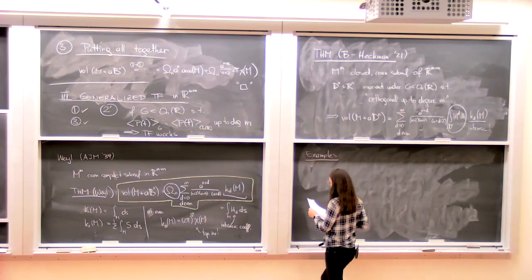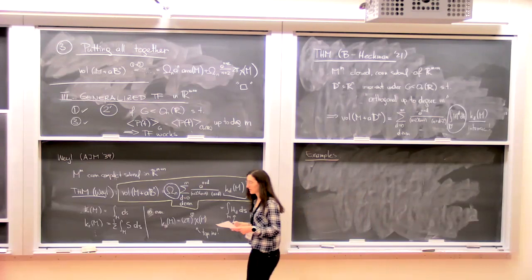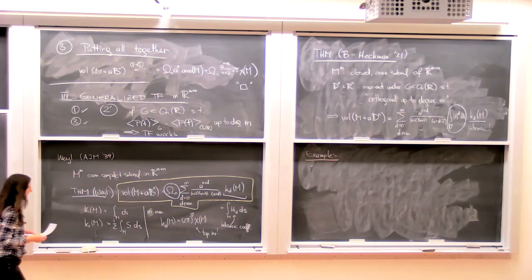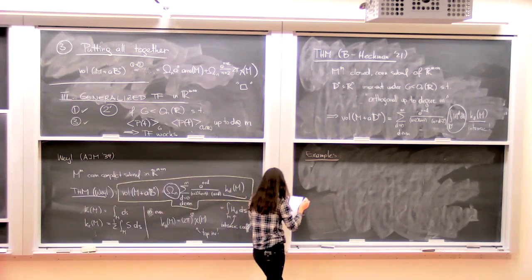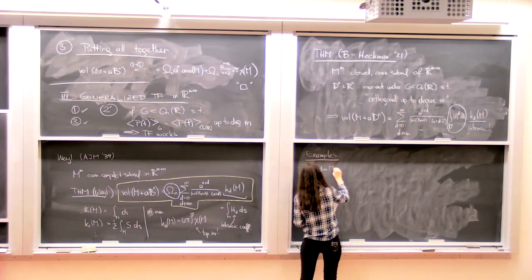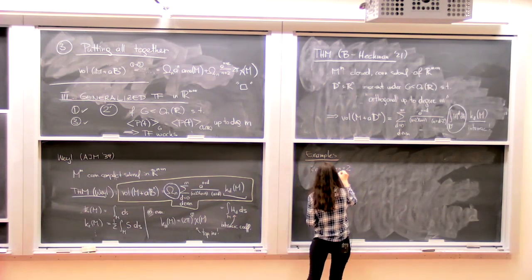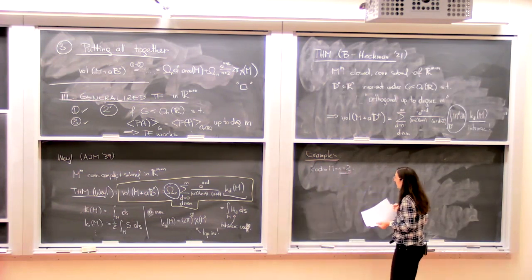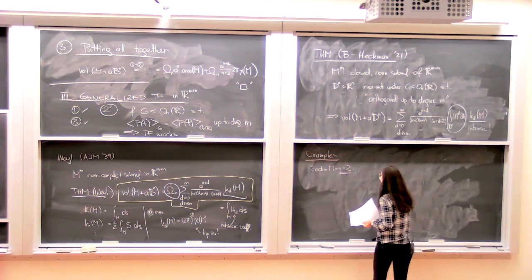So for the examples, we do two things. We first keep the codimension fixed, and then we keep the dimension fixed, and we see what happens. So if the codimension of M is n, which is 2, we keep this fixed now. Then we can, for example, consider a dihedral group.